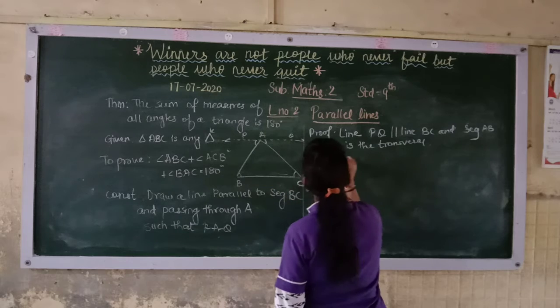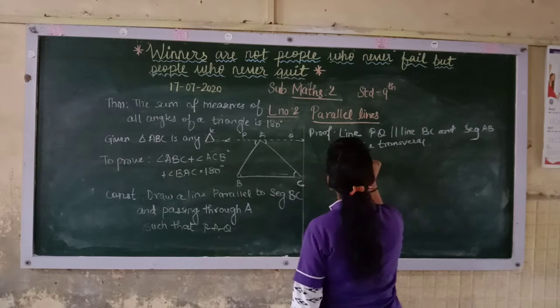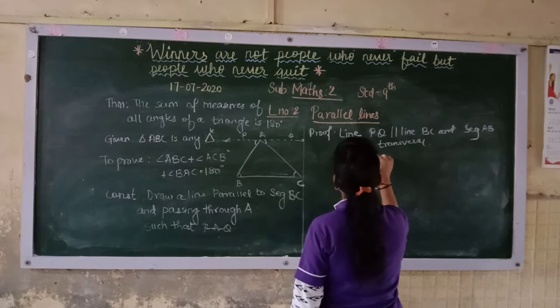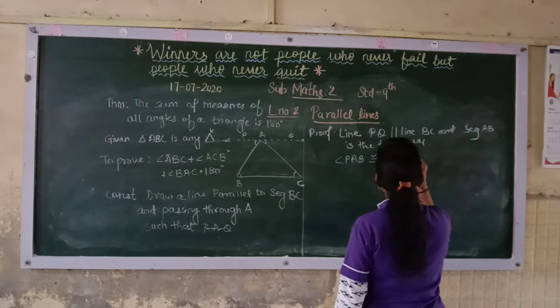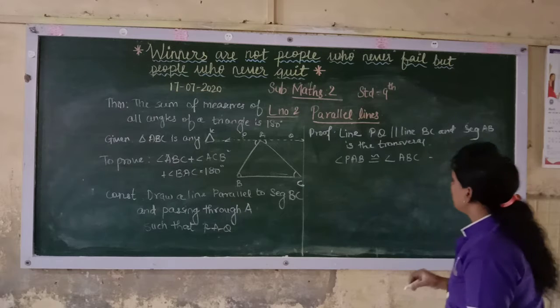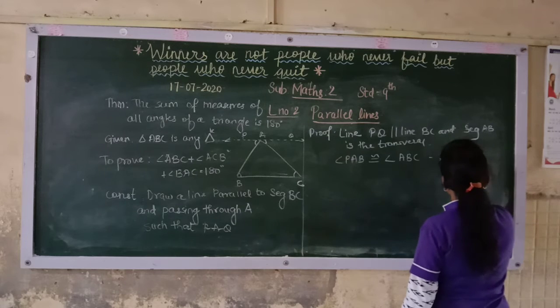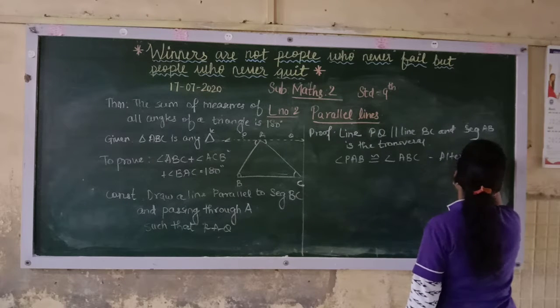These two angles are the same. So angle PAB is congruent to angle ABC. Reason you will write: alternate angles.